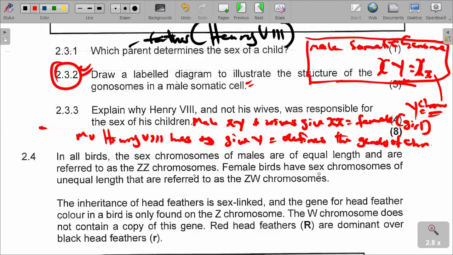The gender of children is defined by his donation, which means that if he gives an X, we have a baby girl.